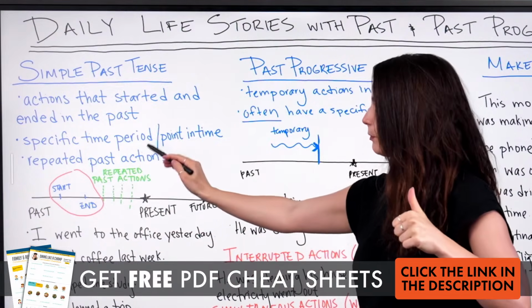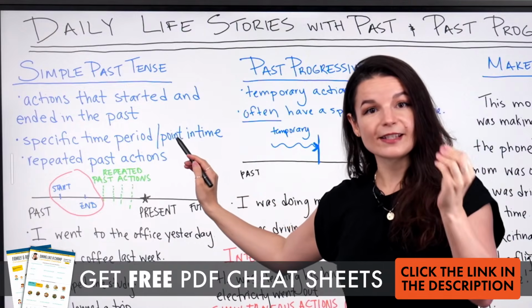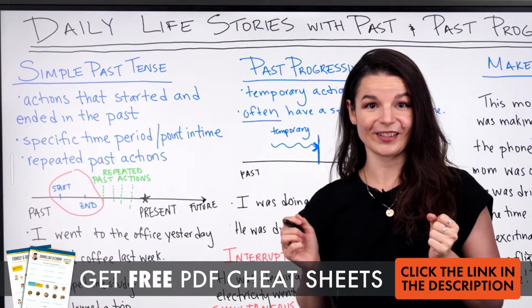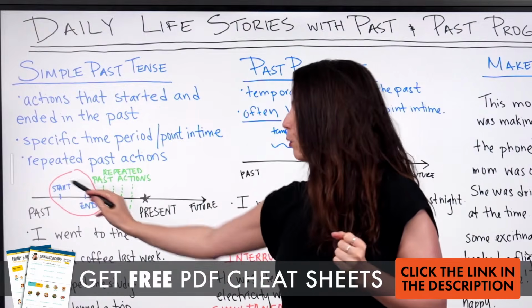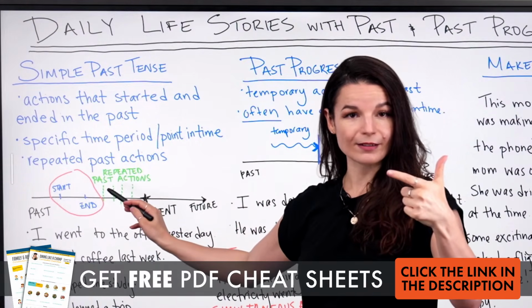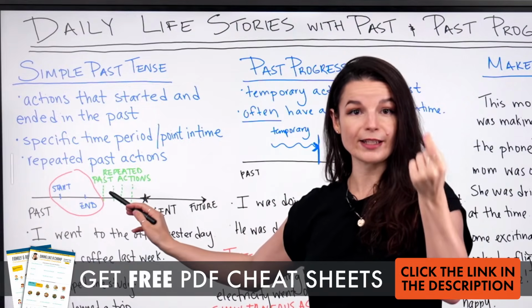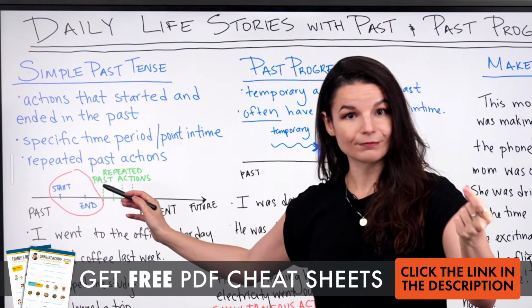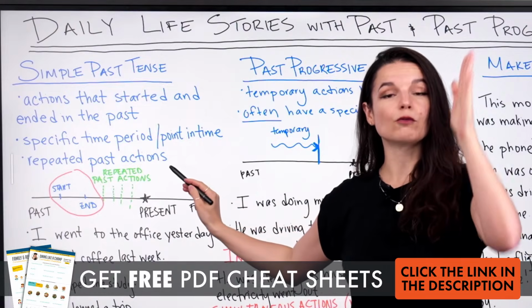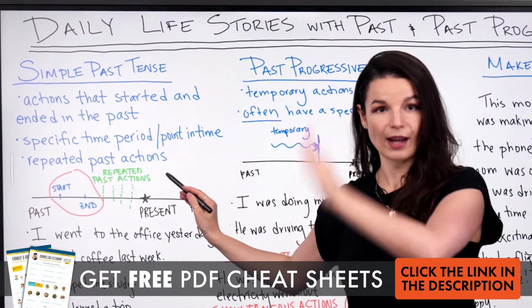Two, it has a specific point in time or a specific time period when it happened, okay? So we know when the start point was and we know when the end point was, okay? There's a specific or clear point in time the action happened, all right? Third, we can use simple past tense for repeated past actions.